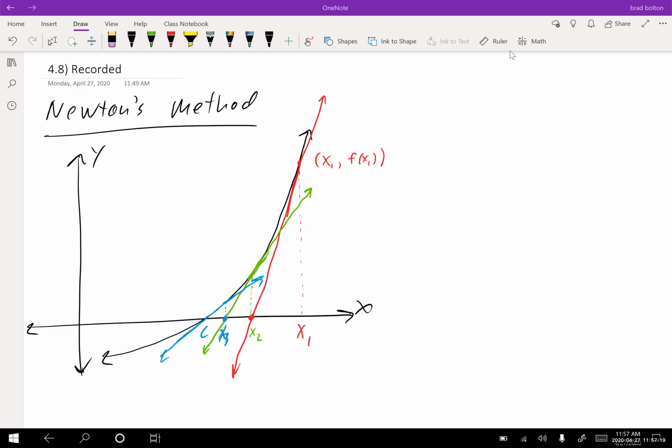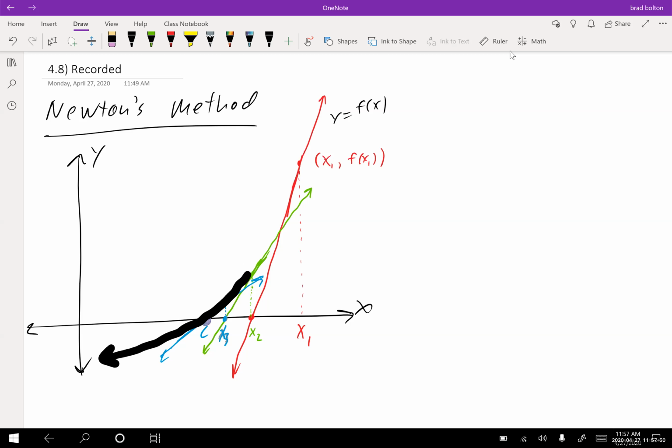So basically what I'm looking for here is this C right here, okay? So that C on my graph, where this graph, y equals f of x, crosses. And I'm drawing tangent lines on each one of those locations.